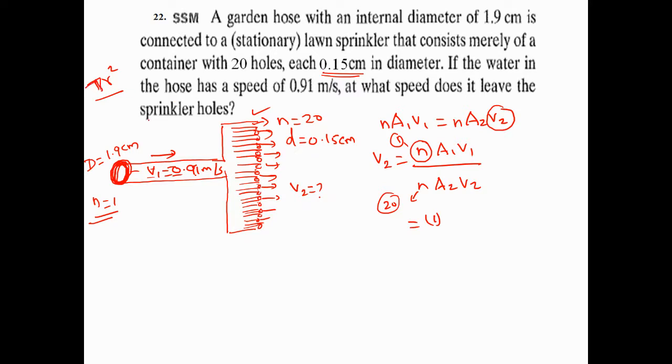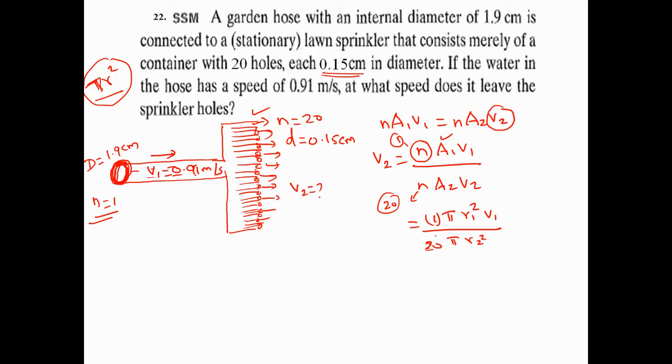This is the formula you already studied in mathematics. So in place of A1 and A2, I am going to use this formula. What you will get: pi r1 square multiplied by V1 divided by n, which is 20, pi r2 square. That's it. Clear?